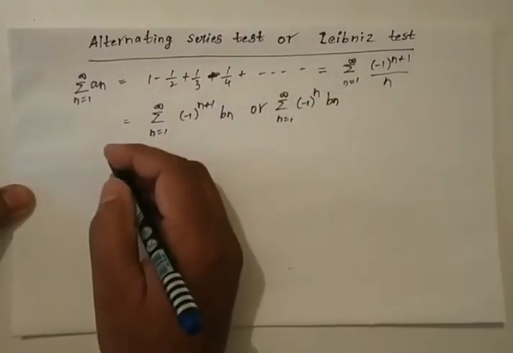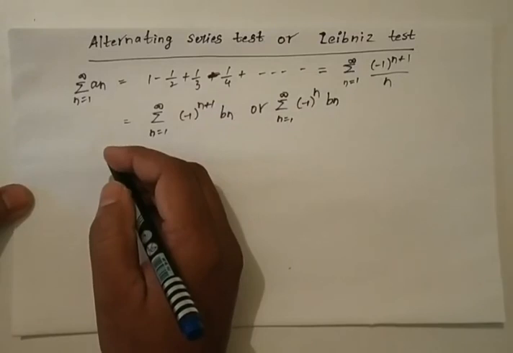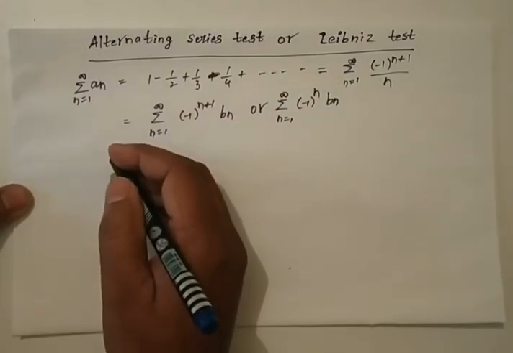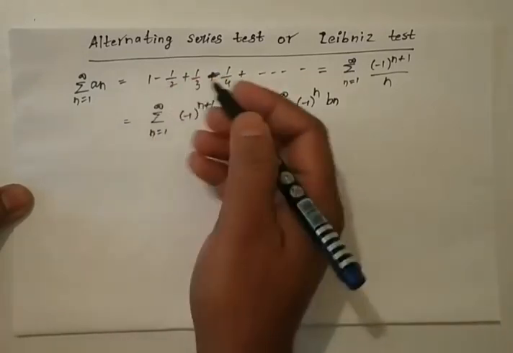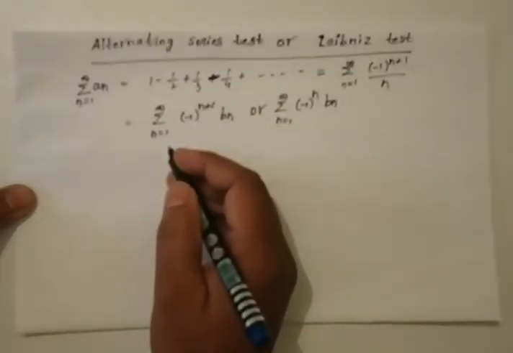An alternating series is any series whose terms alternate between positive and negative values.